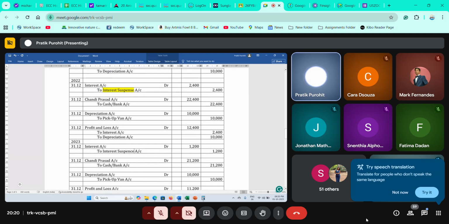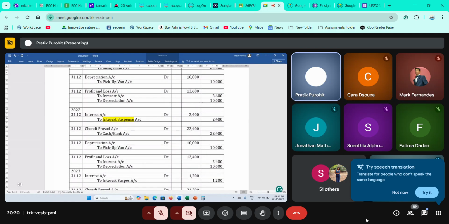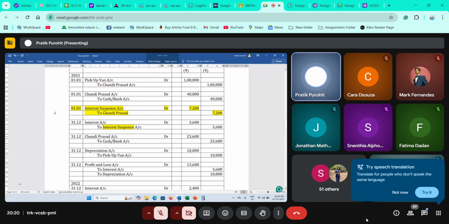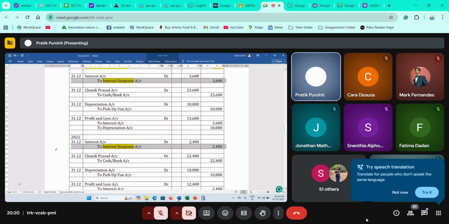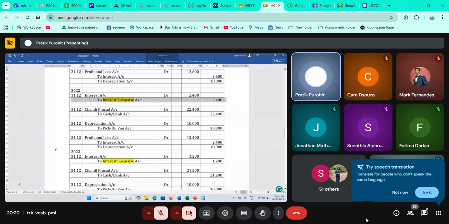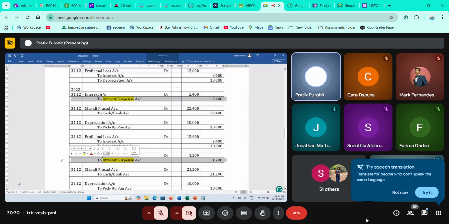So rather than increasing the claim of Chandi Prasad every time, we increased his claim once, transferred it to a suspense account, and every year the balance of the suspense account is getting reduced. First year it reduced by 3600, next year by 2400, and last year by 1200, and it's gone.